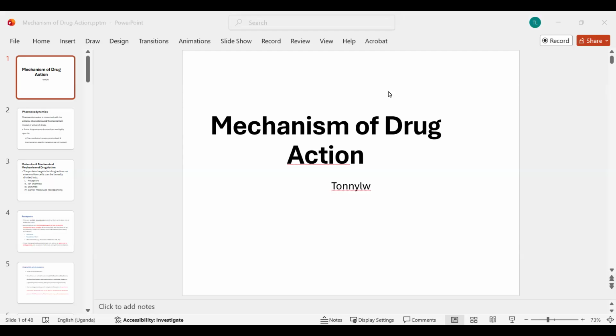The receptors are chemicals, basically. So that is what you need to understand. Don't look at it as something physical which you are going to touch, or a drug comes and then it binds to it. And let me hope that is clear as well.